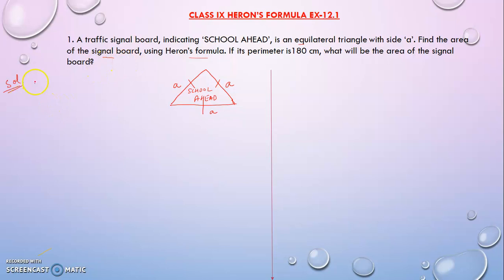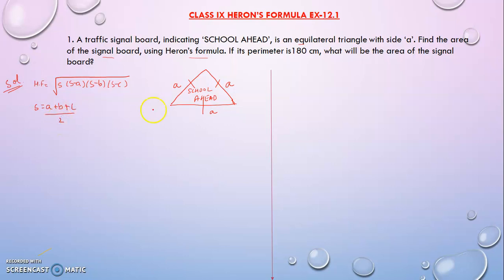So what is Heron's formula first? What is Heron's formula, students? Square root of S minus A, S minus B, S minus C. And what is this S? S is the semi-perimeter, which is A plus B plus C upon 2.